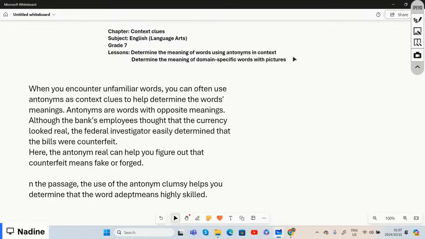And we see that antonyms are words with the opposite meaning.